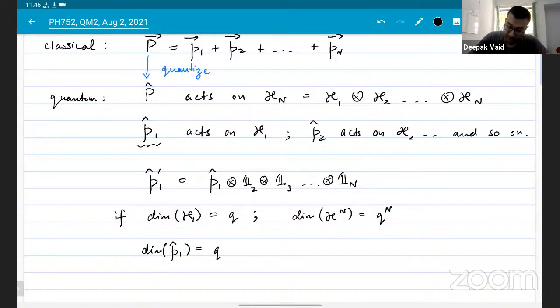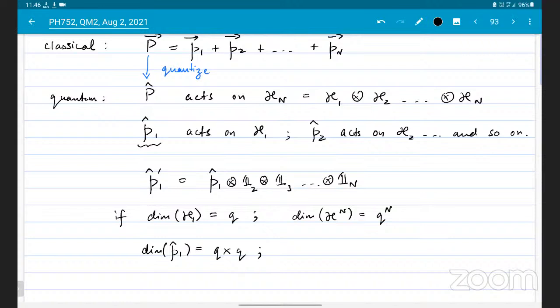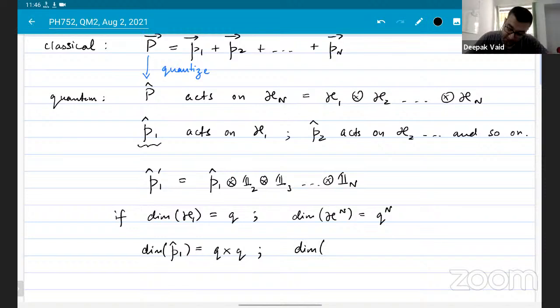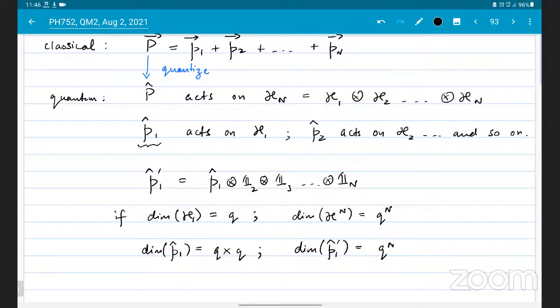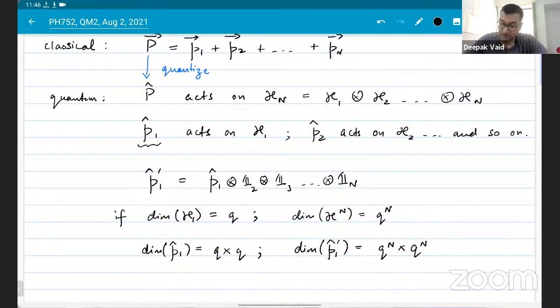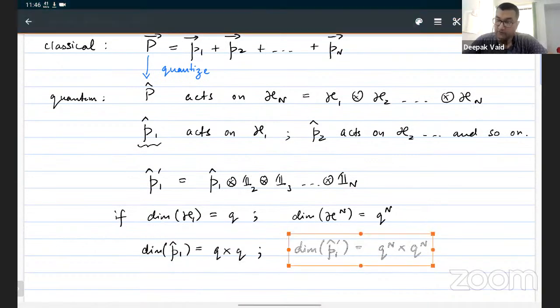It is q by q, right? In terms of a matrix, it will be a q by q matrix. And what is the dimensionality of an operator which acts on the n particle Hilbert space? It will be q^n times q^n, right? So you see, this is very different from this.